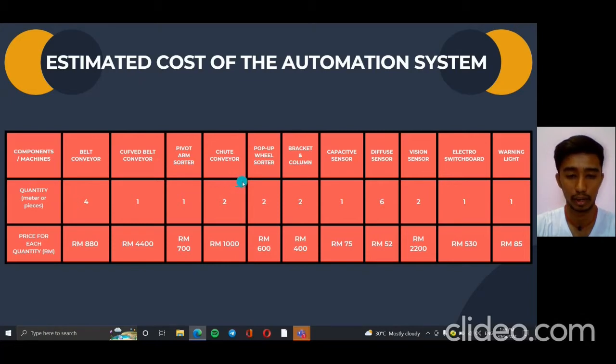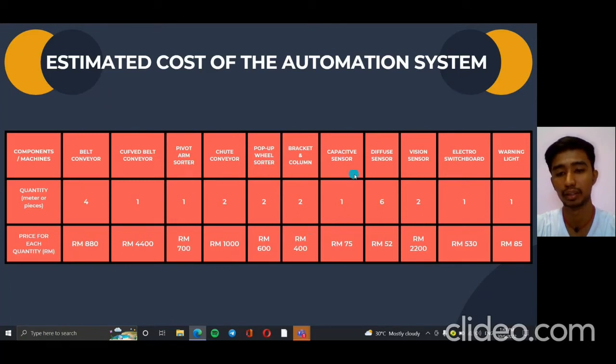Next, the curved conveyor. The quantity is 2, the price of each is 500, and totally is 1000. Next, the pop-up wheel sorter. The quantity is 2 and all together is 600. For the bracket and column, the quantity is 2 and the price is 400.